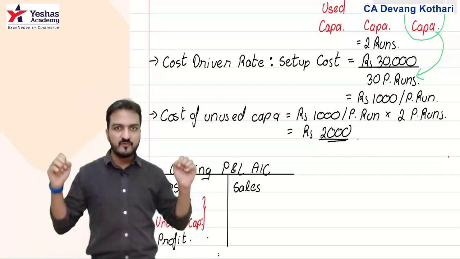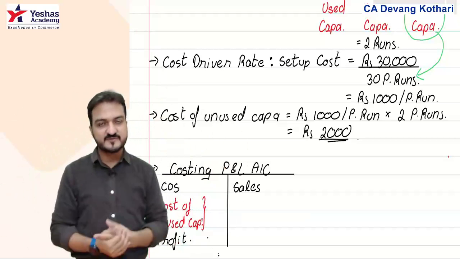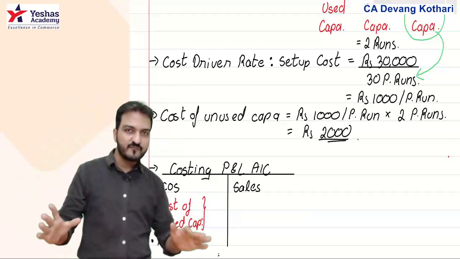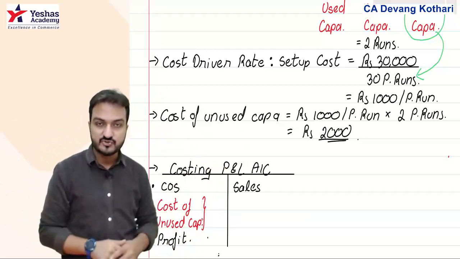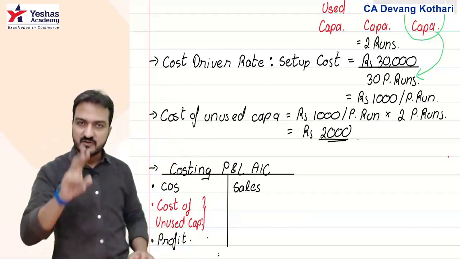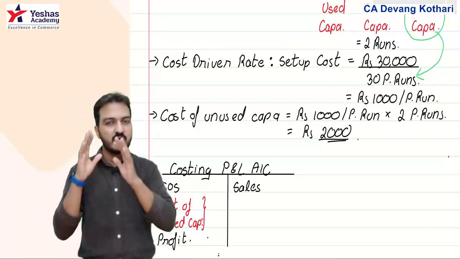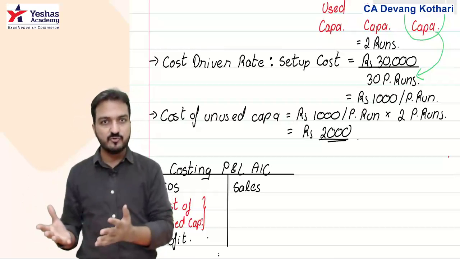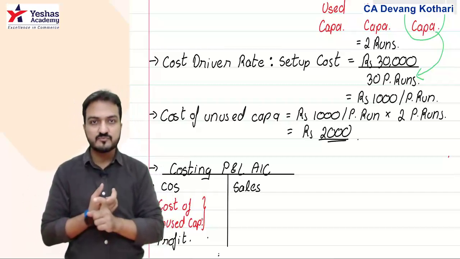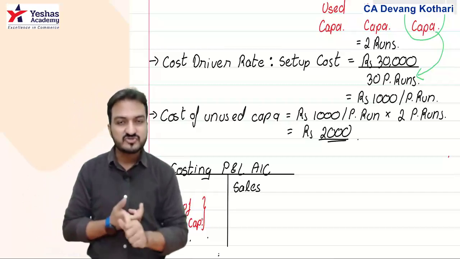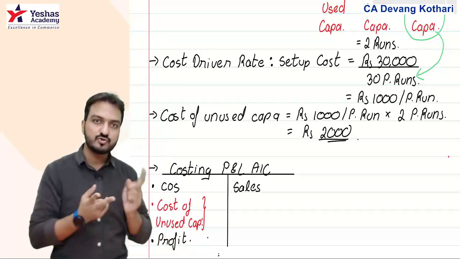Imagine I have 5 classrooms in these premises, but out of 5 classrooms, 2 classrooms are never used because I don't have so many students. For that unused classroom, will I incur electricity cost, power consumption? No. For that unused classroom, will I incur classroom rent?